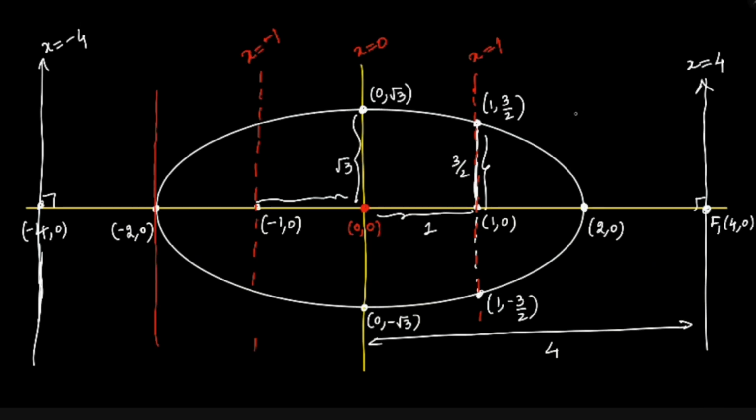Vertices means the ends of the major axis, right? Tangents at the vertices would be x equal to 2 and x equal to minus 2. Other ends of the latus rectum will also be 3 by 2, the semi-latus rectum. So this is minus 1, 3 by 2, and this is minus 1, minus 3 by 2.